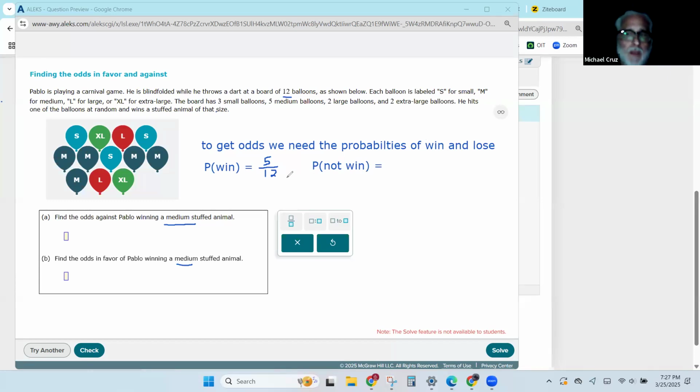So in order to get to 1, we need to know the number that's missing from 12. If we take 12 minus 5, we get 7. And now 5 and 7 give us 12. 12/12 is 1. So now A is equal to 5 because it's the numerator for winning, and B is equal to 7 because it's the numerator for not winning.